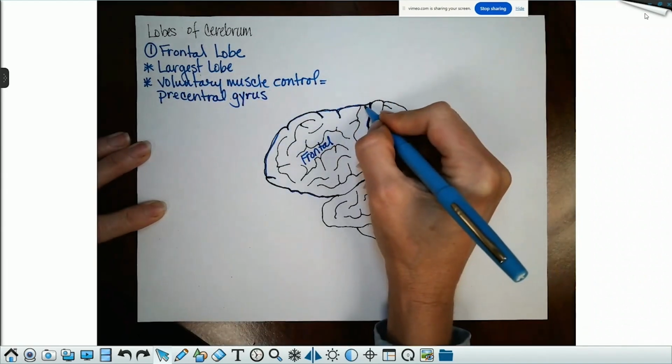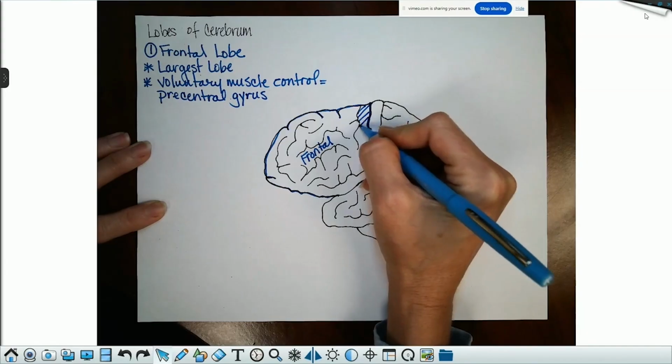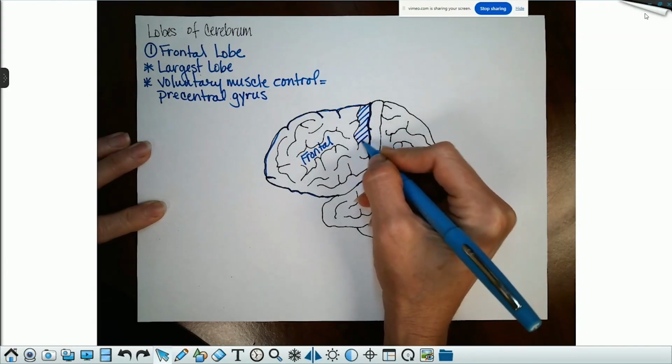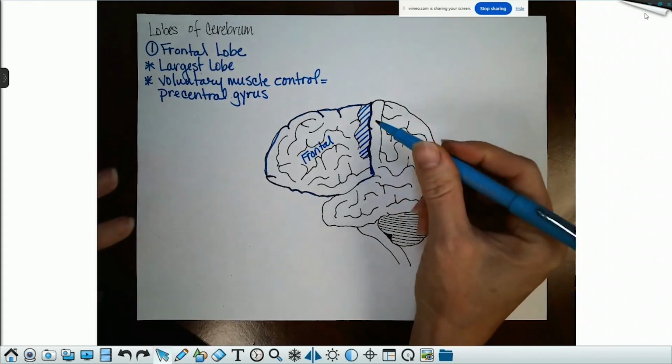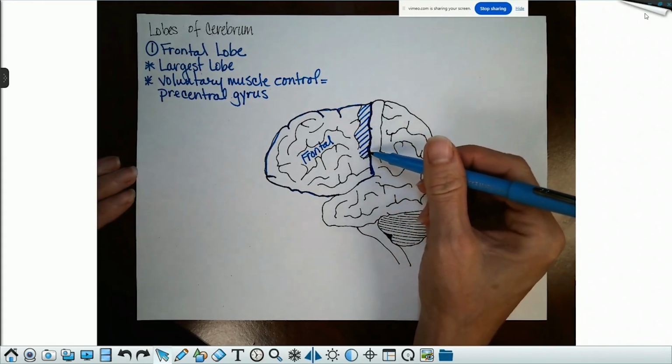And that's going to be this area right here. So all along this area, there are neurons, cell bodies, that are involved in your motor movements.